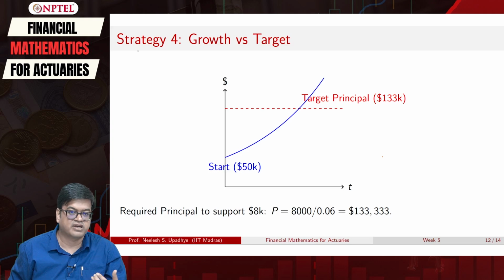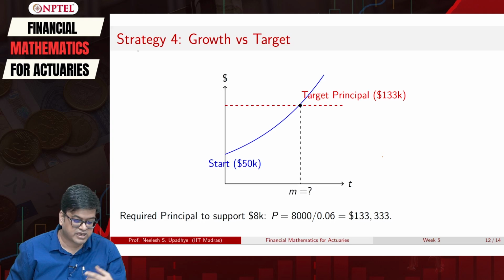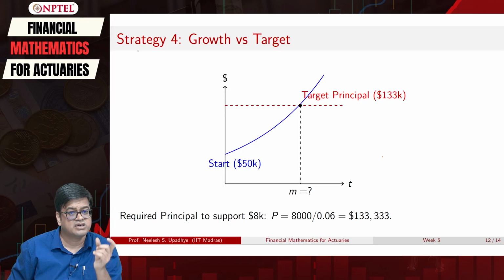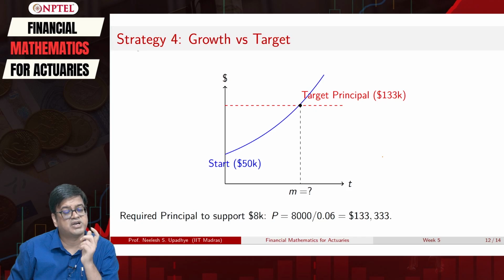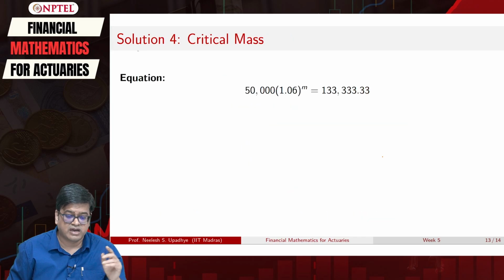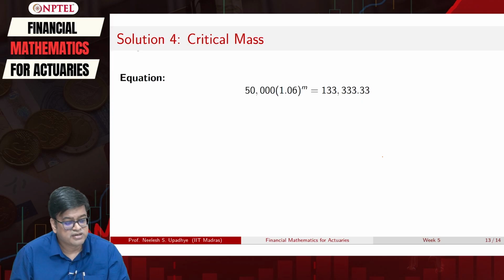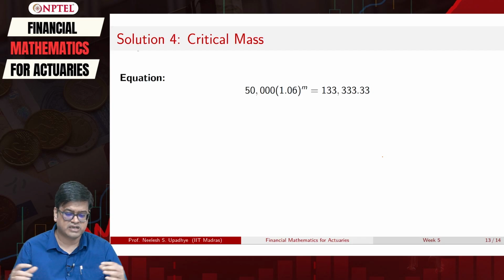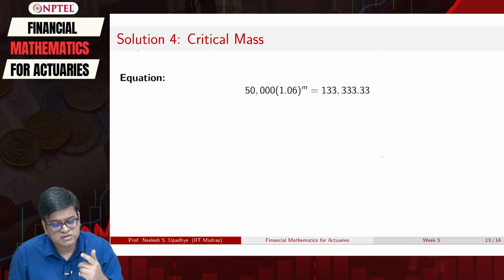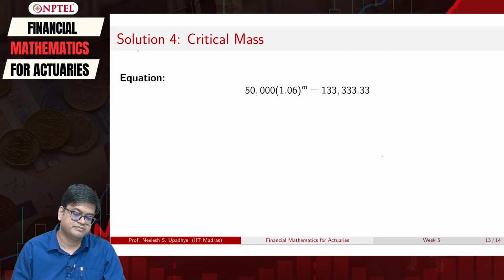So how will I figure that out? That's a very easy problem, right. We can simply put this 50,000 and multiply by the interest factor 1.06 raised to n, and that will give me the set target, correct. So it's an equation of value that we have set, and now you have to find that n.